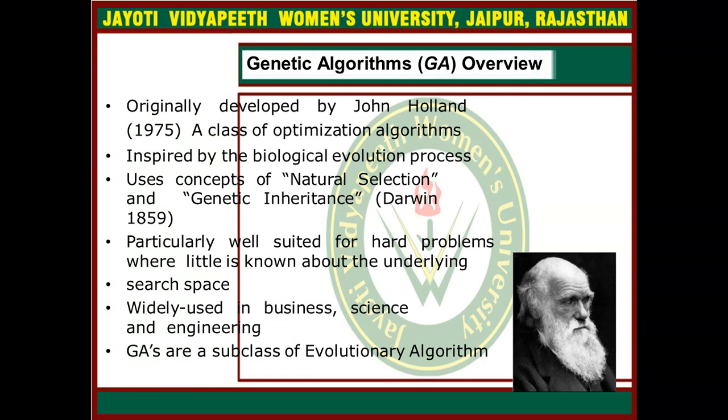It uses concepts of natural selection and genetic inheritance that Darwin gave in 1859. It is well suited for hard problems where little is known about the underlying search space. This is widely used in business, science and engineering. Genetic algorithms are a subclass of evolutionary algorithms.